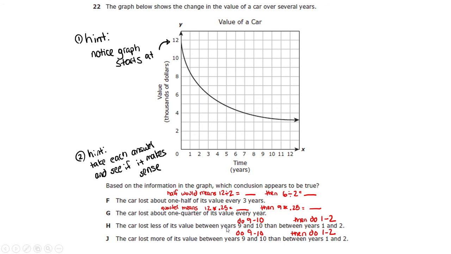Okay, H. H says that the car lost less value between years 9 and 10. So subtract 9 minus 10, come up with a number for that, and then do the same thing between years 1 and 2. J is its opposite, so the car lost more value. So whatever these numbers were, see if it's true if you flip-flop them around.